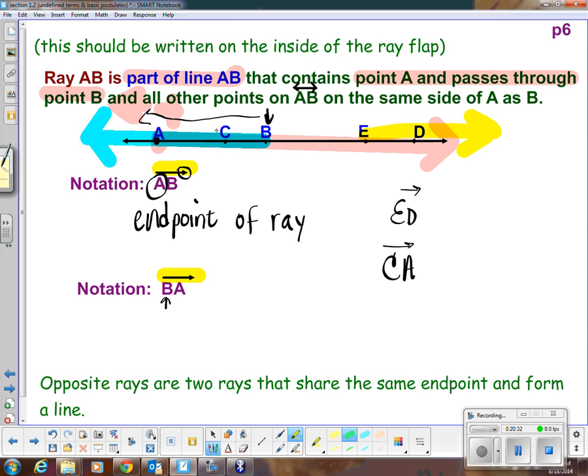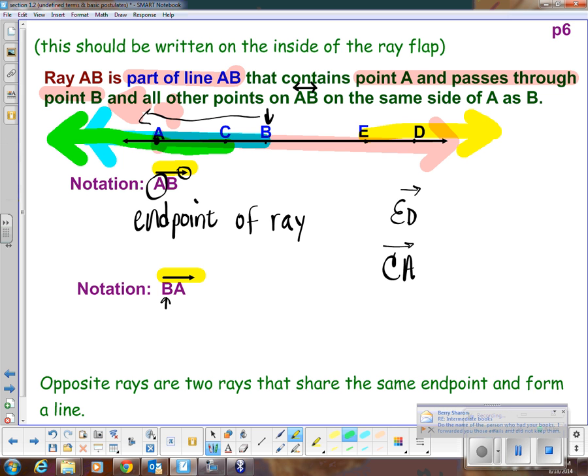Then ray CA is going to start at C, it's going to pass through A, and it's going to go, what is that direction? To the left forever. Again, it is not the symbol that determines the direction, it is the order of the letters. And the first one is always, always, always the endpoint.